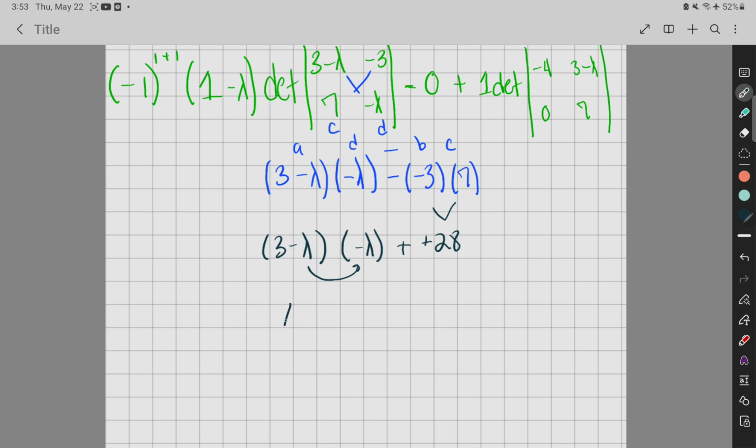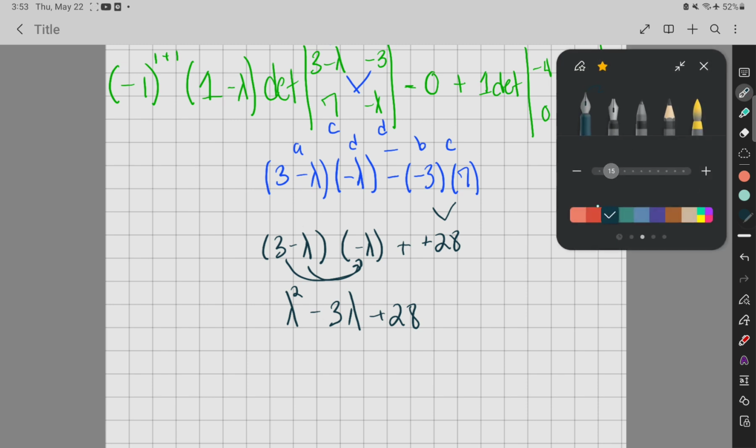So then it would just be positive lambda squared. And then you're going to do the same thing here. So 3 times minus lambda, and then that plus 20 on the side. Boom. We're done getting the determinant. That is the determinant, okay?